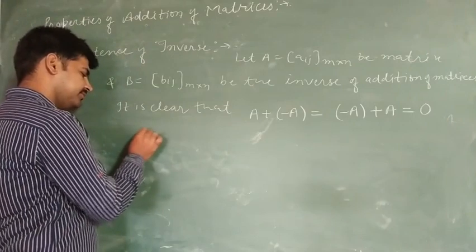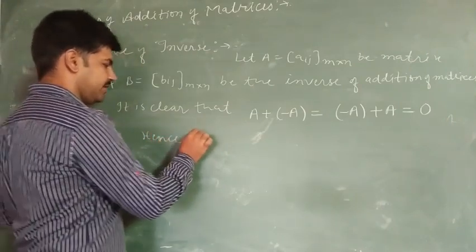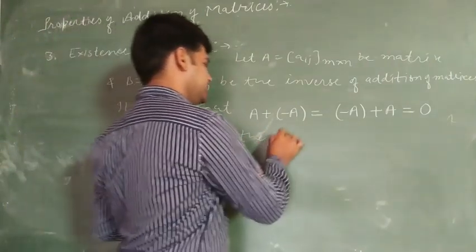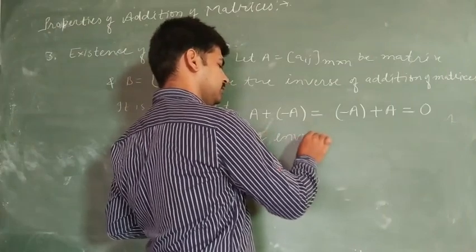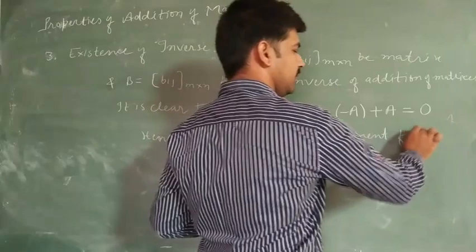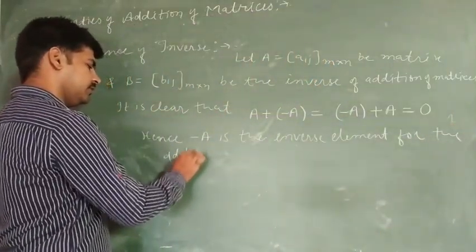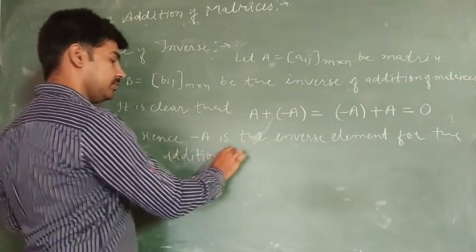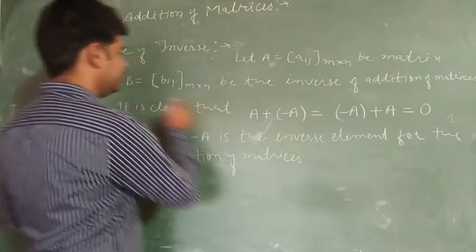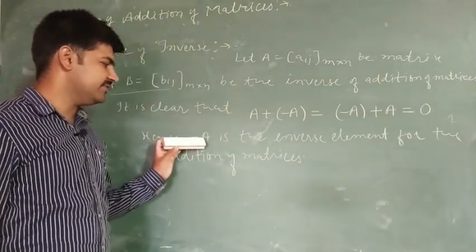Therefore, hence minus A is the inverse element for the addition of matrices. So here if I took B as the inverse element of the addition of matrices, then what is the value of B?